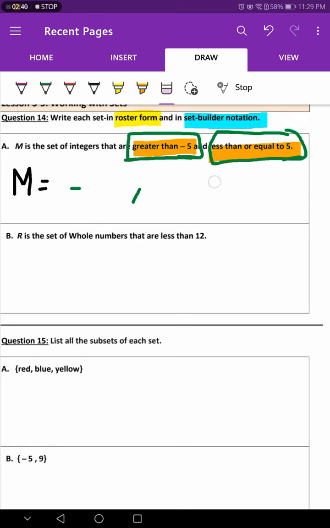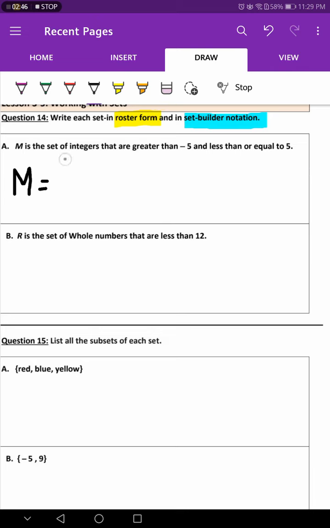First of all, you write the M and you draw the curly braces and write the x and write this vertical line and write x is what? Tell me, which number set does it belong to?